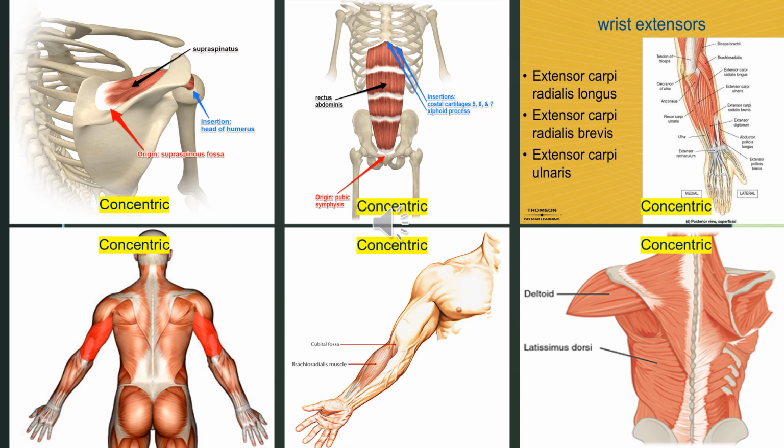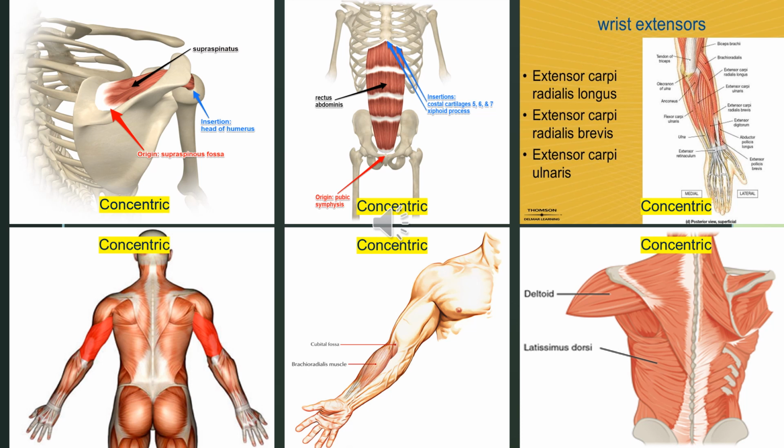So the first picture here, we're going to go from left to right. We have the supraspinatus, and that muscle is doing a concentric contraction because once the humerus moves up for slight abduction, that muscle is actually shortening.